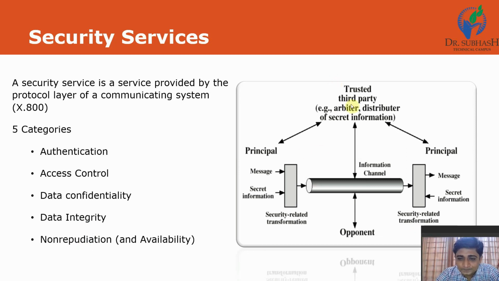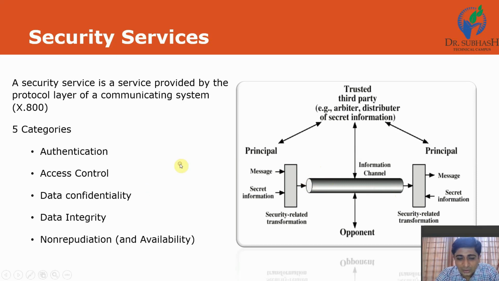See here, we have a principal, another principal, and a message, a secret message that they want to pass using a security related transformation, using this channel, this communication device. So there must be a security mechanism provided for a message, otherwise anybody can access it. That should not happen. So security is compulsory.